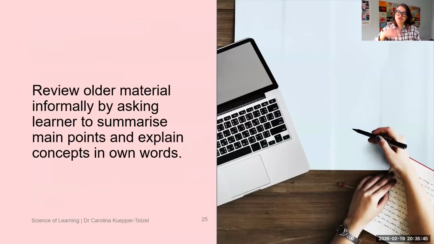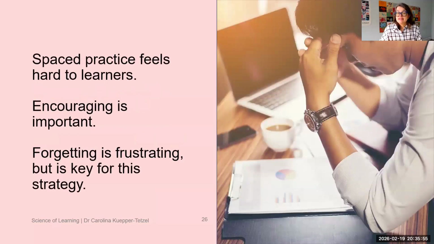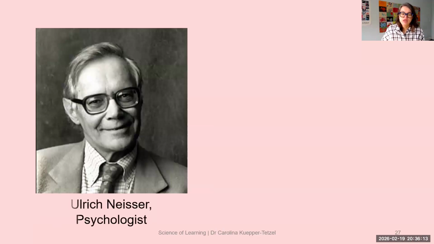You can review older material by doing it quite informally, by asking them to reactivate something you have practiced with them before, explain in their own words. It does feel hard, spaced practice does feel hard, but it's important to encourage the learner and to remind them that forgetting that they're experiencing between one session and the next one is actually what makes the strategy successful.